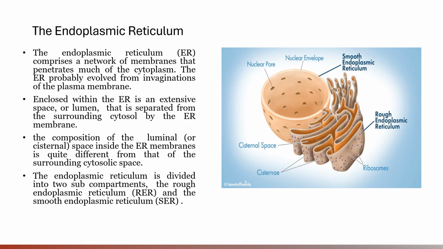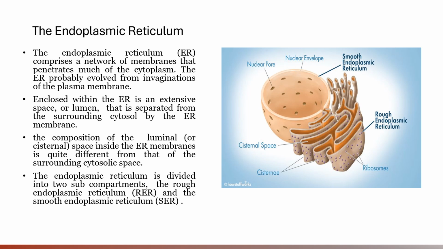Now, as you can see in the diagram, the space enclosed by the endoplasmic membrane, the one shown in brown color, is called the lumen, and it is completely separated from the surrounding cytosol by the membrane. The composition of this luminal space is completely different from the cytosolic content of the cell.